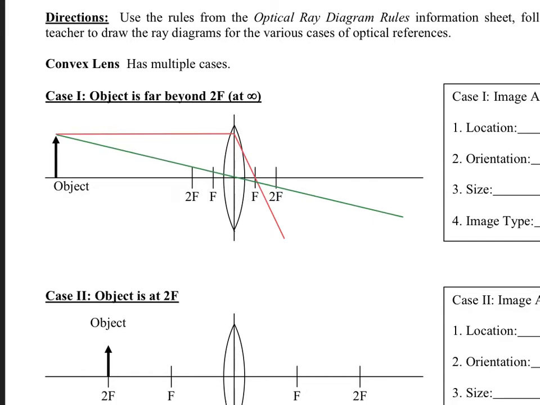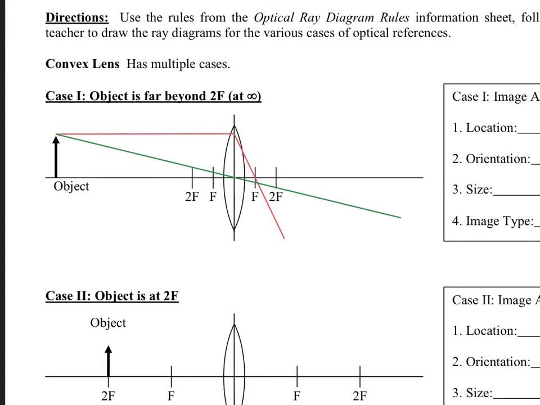So just go straight through the center, like so. Let me fix that a little bit. Right there, okay.